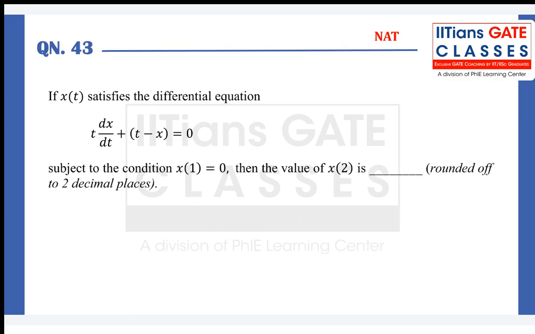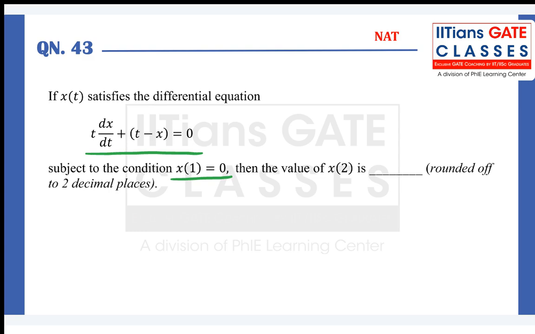Okay, and then you have this differential equation, an ODE, where you have t as the independent variable and x as the dependent variable. They have given this as t into dx by dt plus t minus x equal to 0. The initial condition is that at t equal to 1, x was 0.